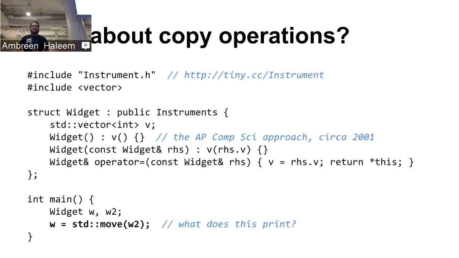Copies. So I took AP Comp Sci back in like 2001, and I wrote a lot of code in that class that looked like this, right? Where you want to prove that you know what the copy constructor does and what the copy assignment operator does.